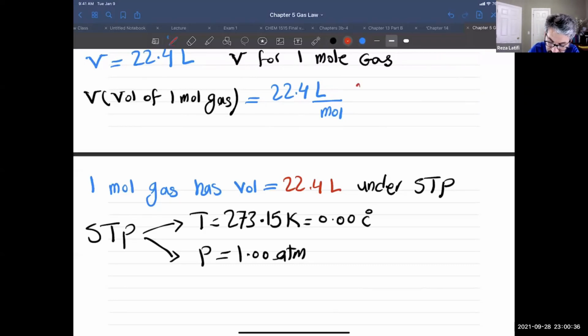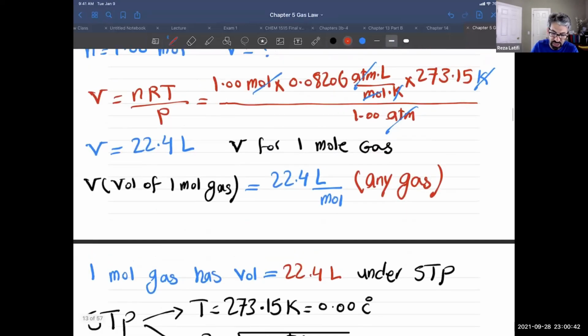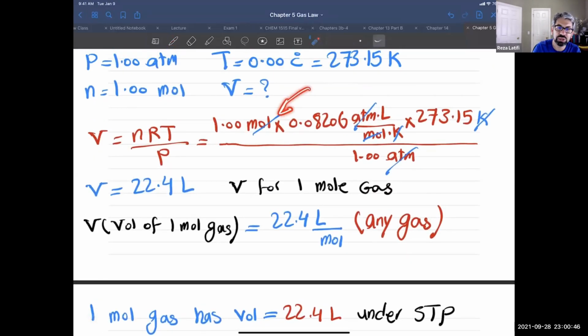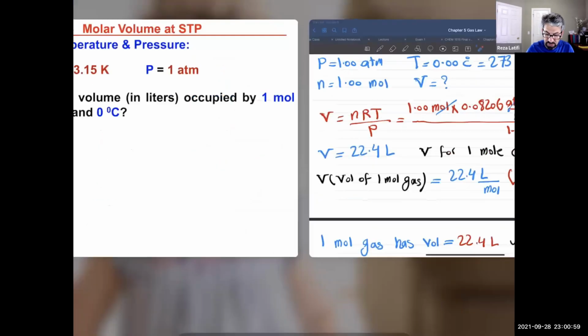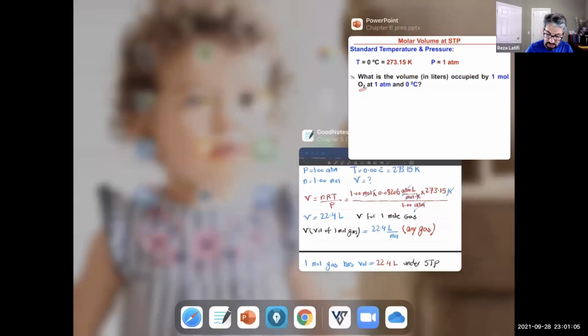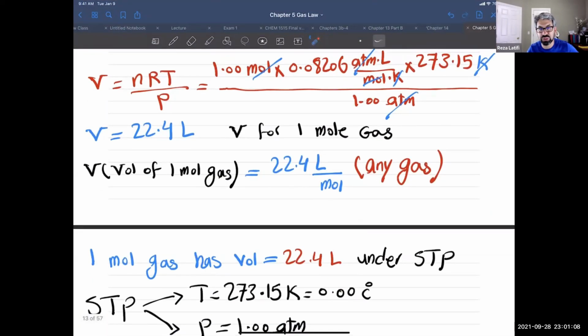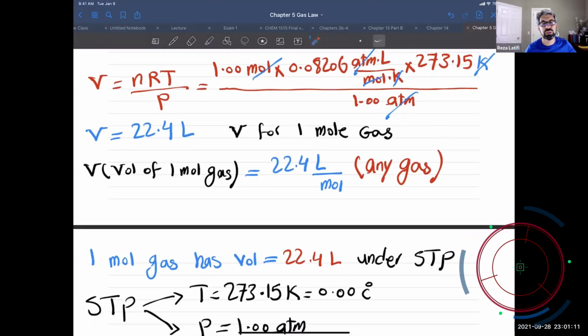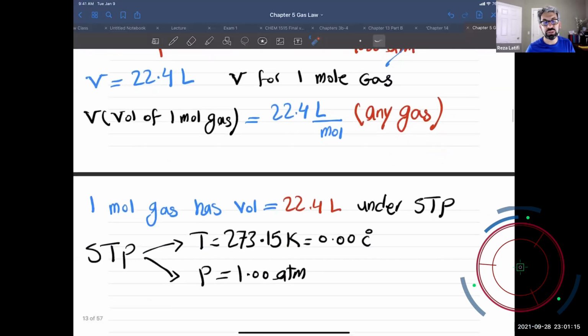So this is the volume of any gas, and that was the reason that I did not mention the name of the gas after the mole unit. I just simply said 1 mole. 1 mole of what? Yes, the question says 1 mole oxygen, I believe. Look at the question here, it says 1 mole oxygen, but I just simply said 1 mole. Because I wanted to tell you, regardless of the nature of the gas that you are using, the volume will always be 22.4 liter per mole under STP condition.